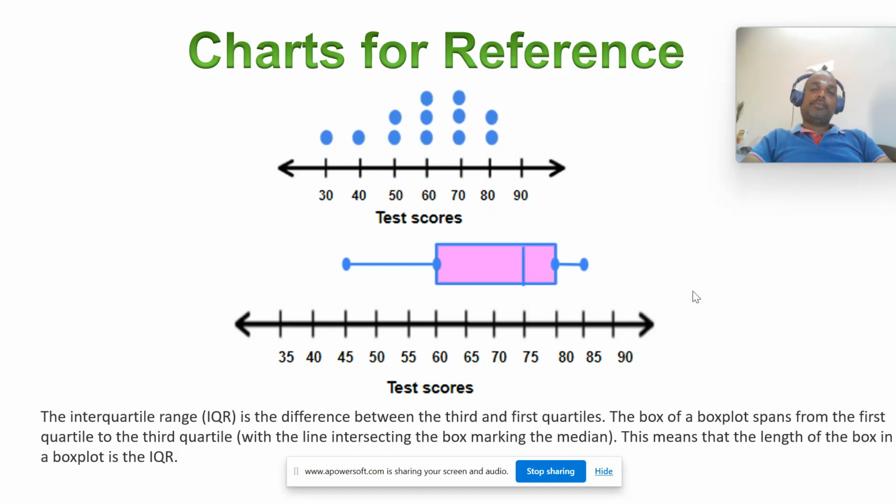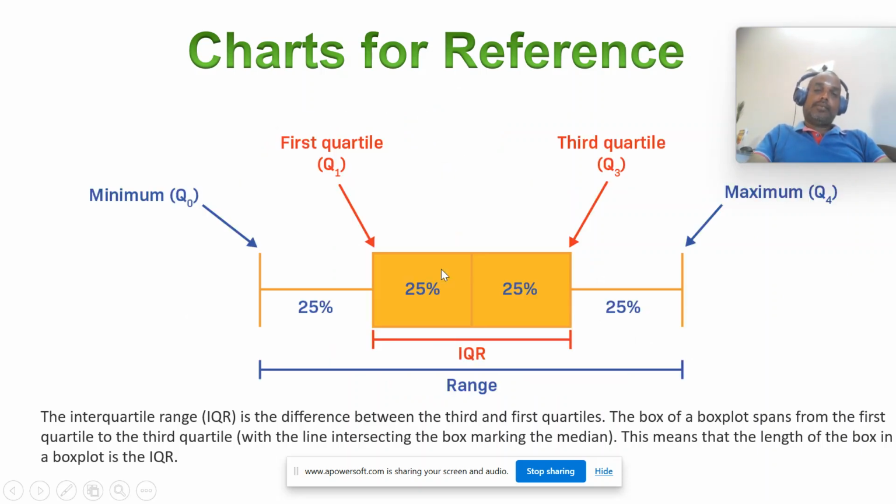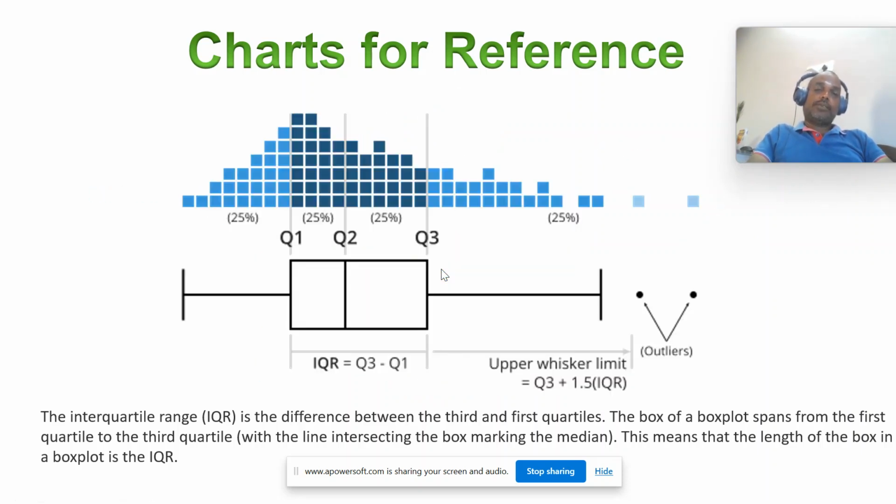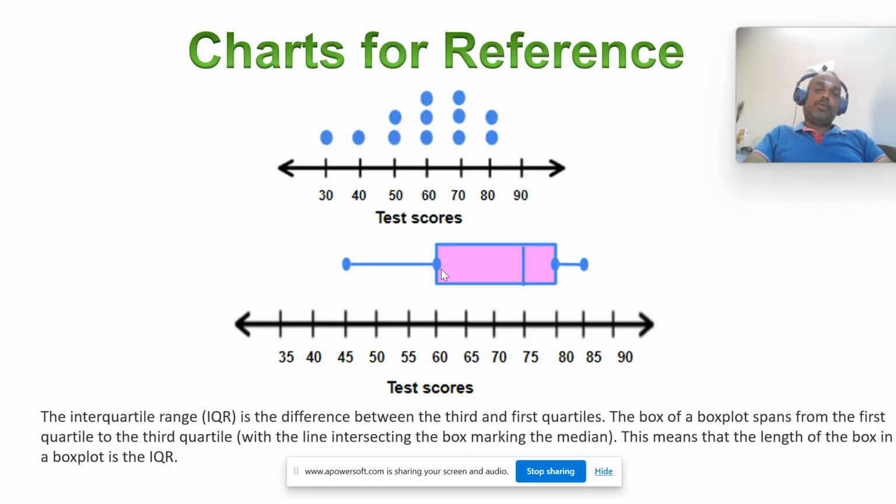By seeing this, you can see the first quartile starts here, right? So that is Q1. Q1 starts from here, 60, and this is Q3. And you can see the median. This is the middle value. 75 is the median value.